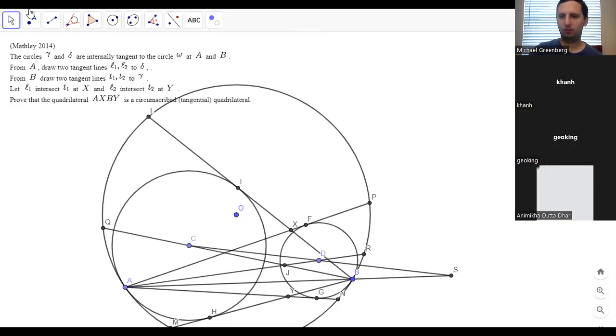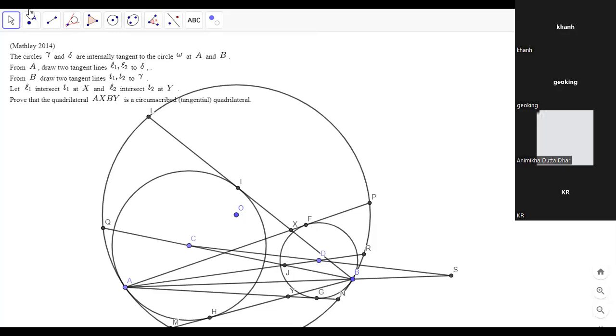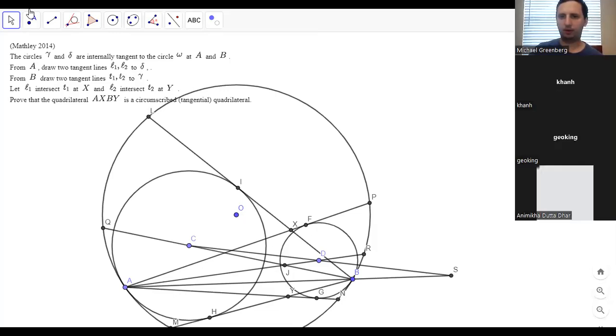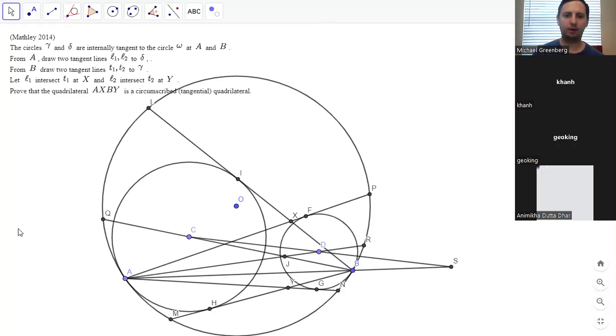Ptolemy. We have some nice length relations. So maybe Ptolemy would work.